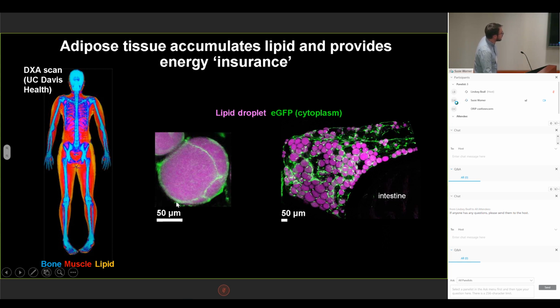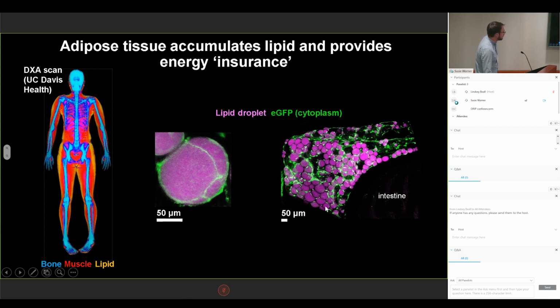You can see that this cell here is possibly 100, 150 microns in diameter. These are incredibly morphologically unique cells, and they cluster together to form adipose tissue. You can see here, these are both in zebrafish, that there's a big adipose tissue associated with the pancreas in the zebrafish.